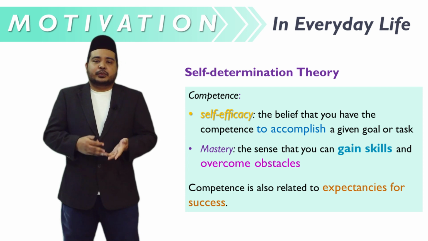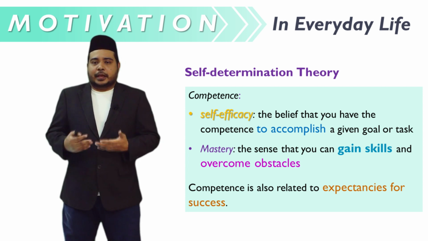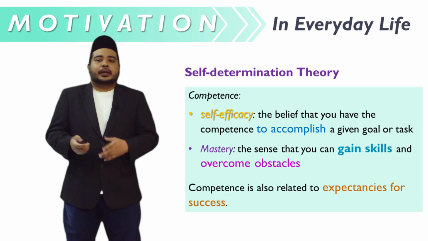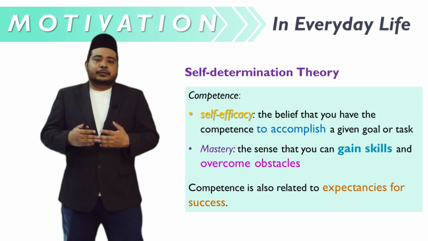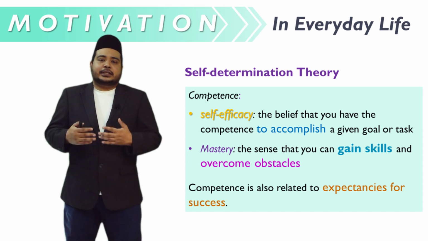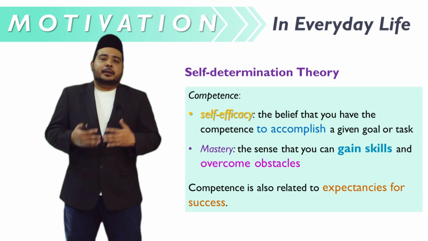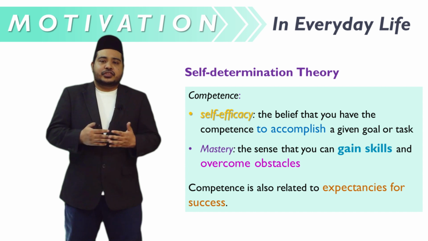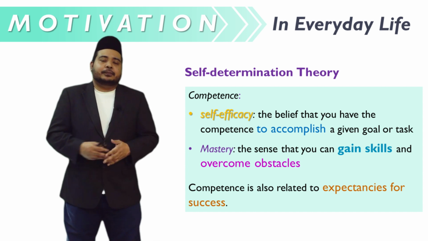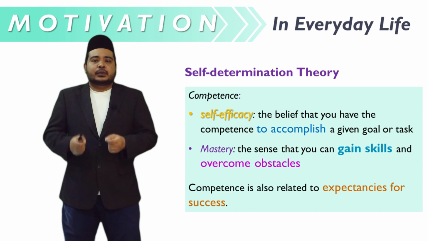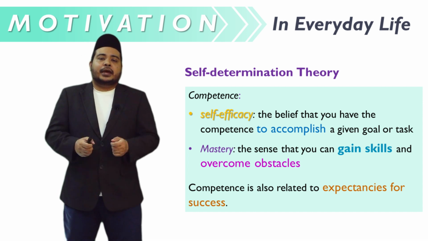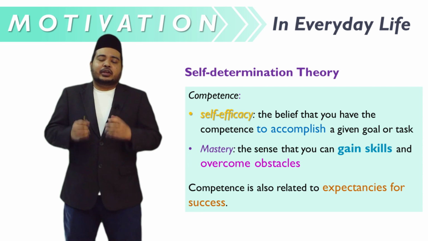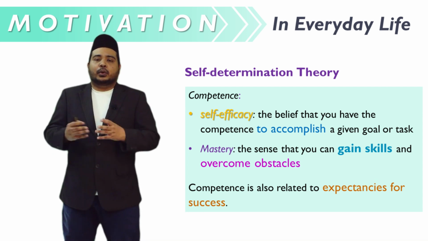Under competence, there are two other sub-concepts, which are self-efficacy and mastery. Let's look at them one by one. Competence involves fulfilling or establishing self-efficacy and mastery. Competence is also related to expectancy for success. So what is self-efficacy? Self-efficacy is an individual's belief that we have the competence, the ability, to accomplish a given goal or task.